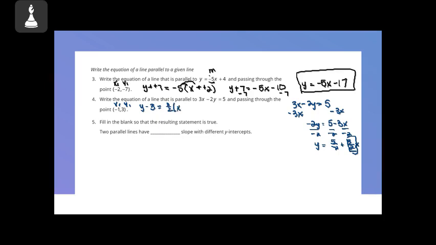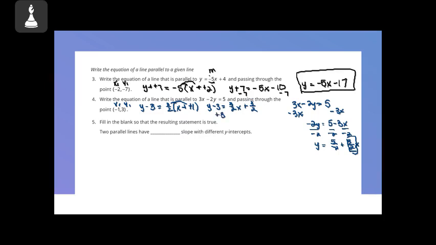2 negatives makes a positive, so then I'm going to distribute it in. Y minus 3 equals 3 halves x plus 3 halves. To get y by itself, I need to add 3 to both sides. Now, I can't add 3 to 3 halves because they're not the same.